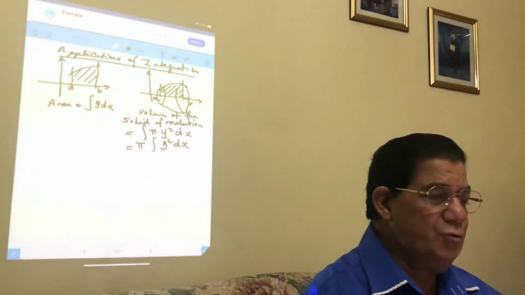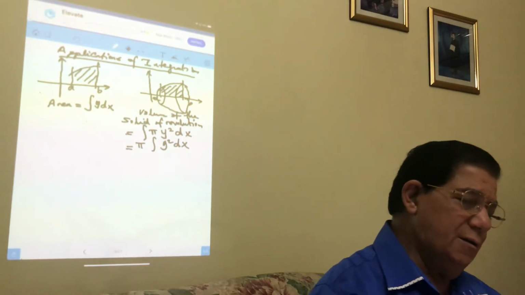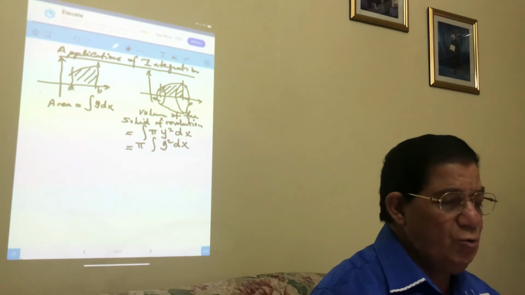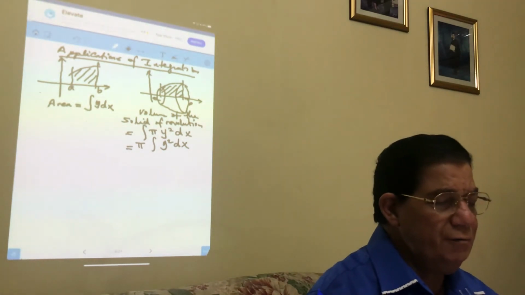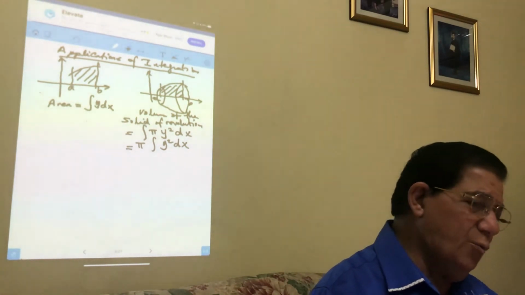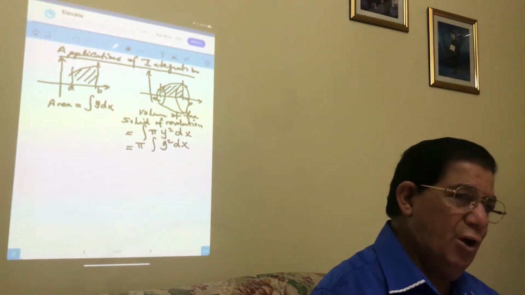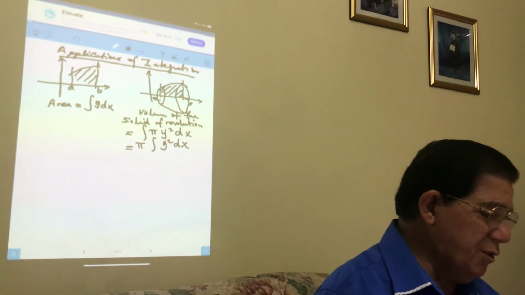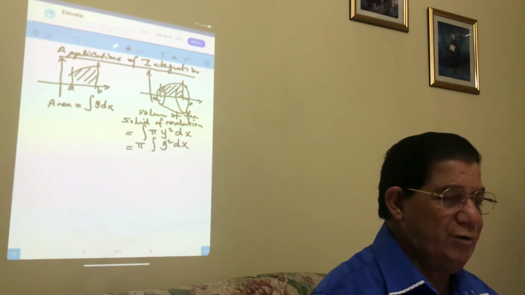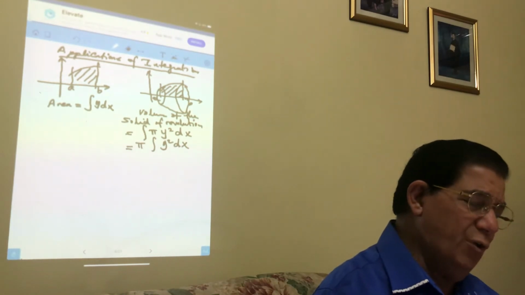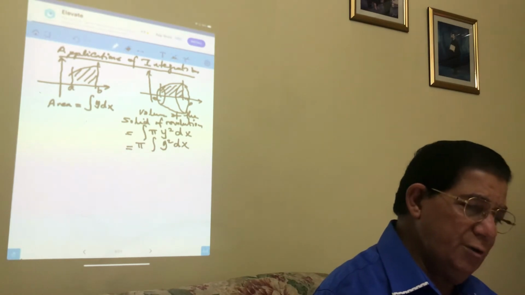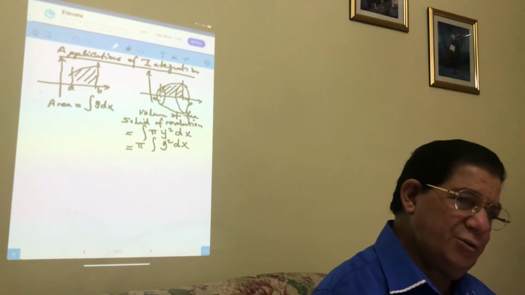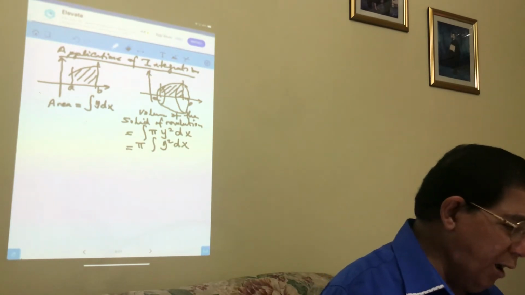Therefore, we have two usual applications we can be asked. One is how to get the area under the curve, and the other is how to get the volume of the solid of revolution. The area under the curve is the usual integration of y dx, and the volume of the solid of revolution is the integration of y squared dx, then multiplied by pi.